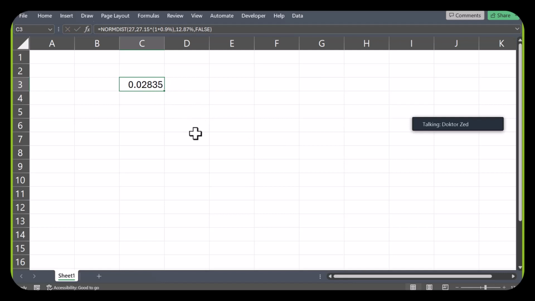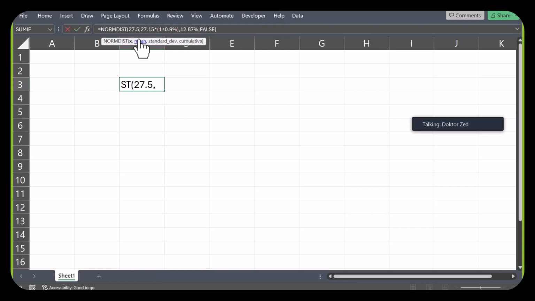So in this case, the chances that it will finish below 27 is about 2.8%. Okay. If you want that number to be higher, you should have a little bit higher strike price.